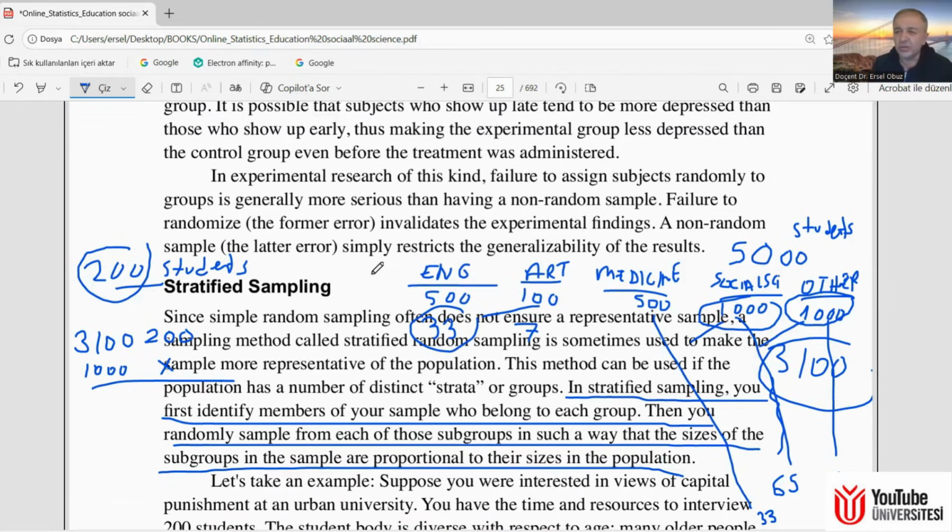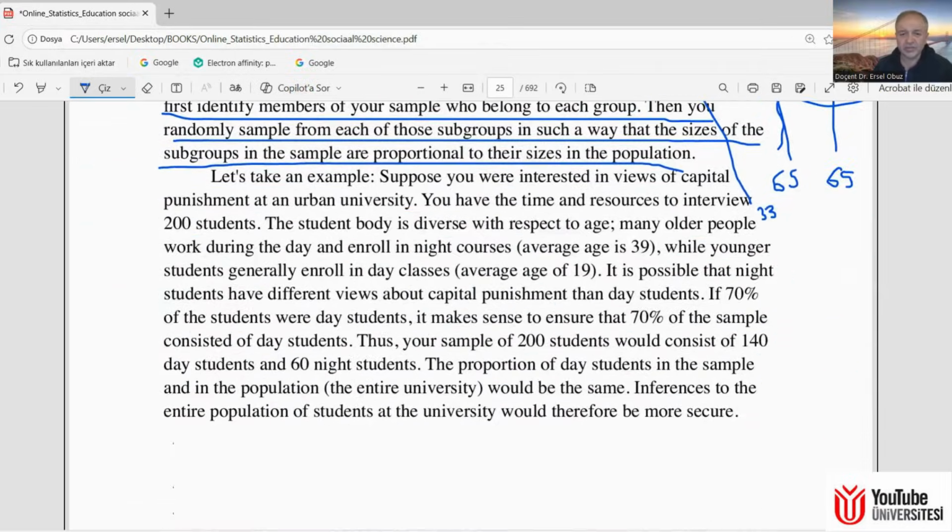So this is called stratified sampling. It is a little bit more complicated, but it helps you to get a more representative sample. It's an important method.